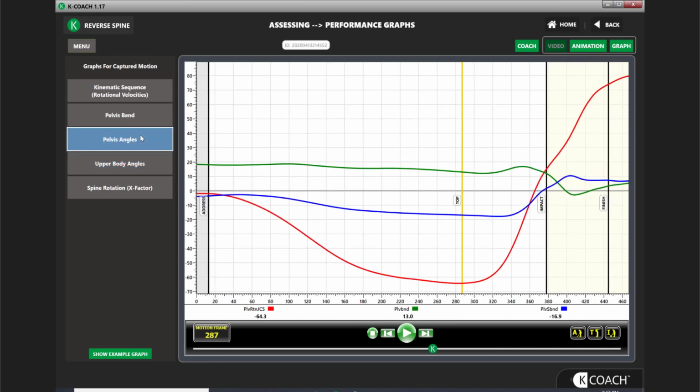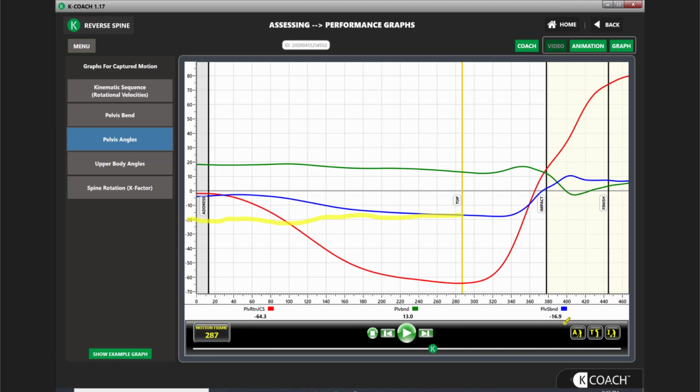So if we go into the pelvis angles, one of the things that you'll commonly see when a player is in reverse spine angle is a higher than normal pelvis side bend. If I highlight where that is, if I look at the blue line at its max value, which is right around here at the top, and it doesn't really increase much in the downswing, I'm looking at about 20 degrees.